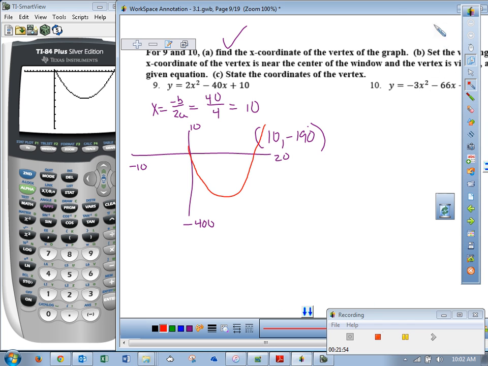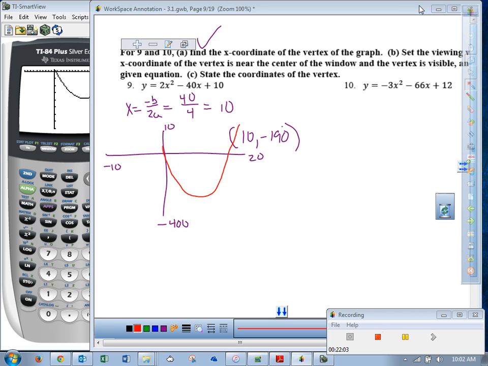Let's do that again. Find the x value of the vertex for me. Since that's in standard form, opposite of b over 2 times a.